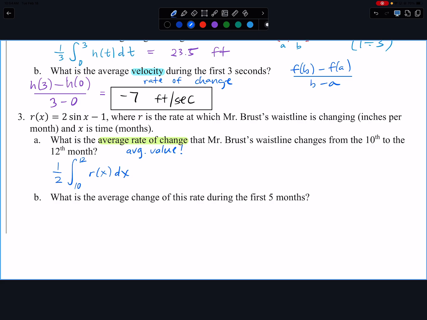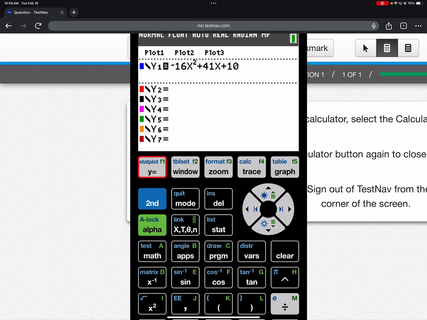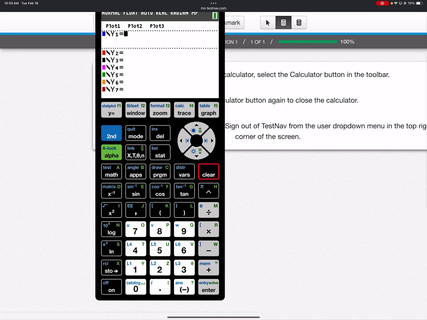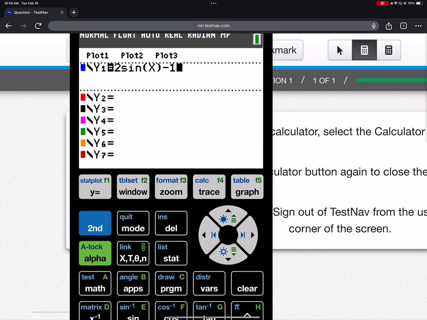So if I want to do this quickly, type this function into your calculator. We're not using this function anymore, so if you want to clear your y1 and call the new function y1, go for it. Minus 1. Good?